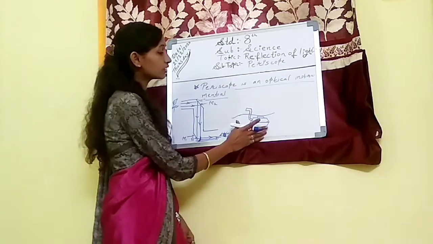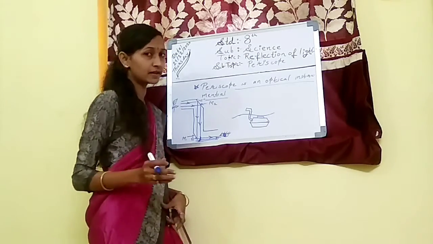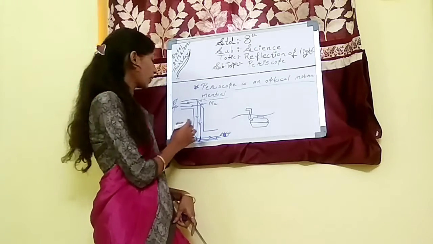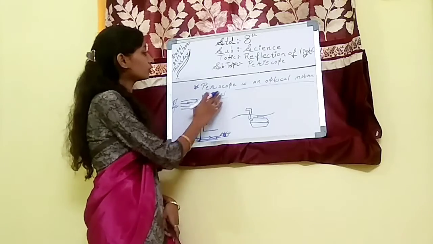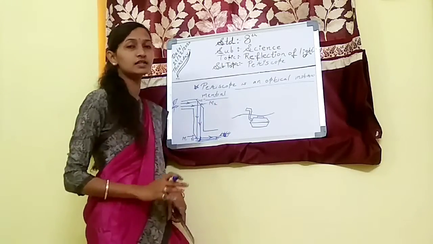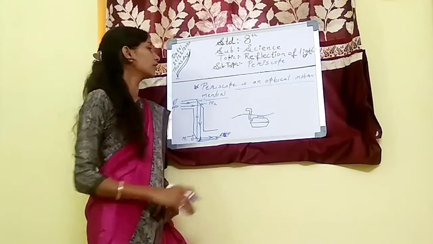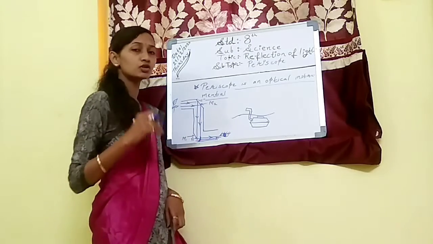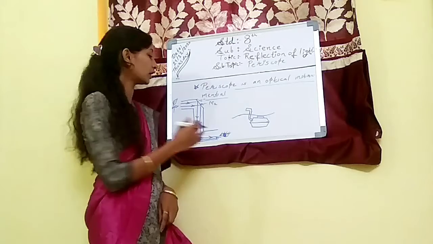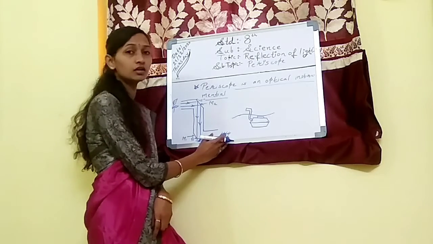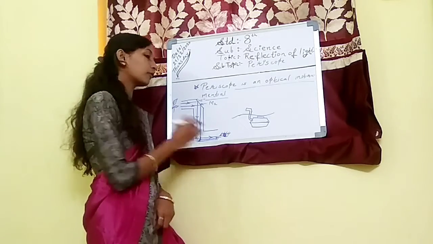This was all about what a periscope is, how it is made, and its applications. So we have seen, a periscope is an optical instrument which is used for visualizing the upper surface while viewing from the below surface.